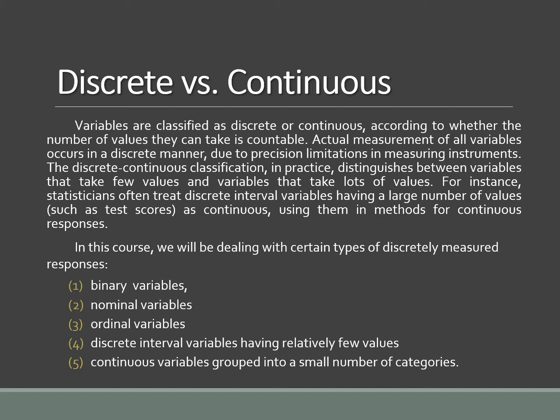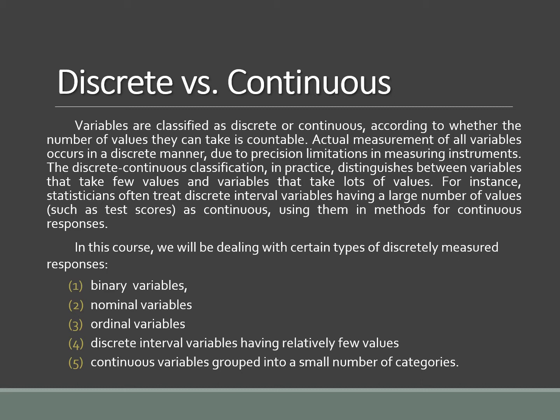For example, if it's a 200-item test, then you could have 0 to 200, so you have 201 possible values. That is quite large, so you could already consider it as continuous in the treatment of that data. So you could use methods for continuous responses.